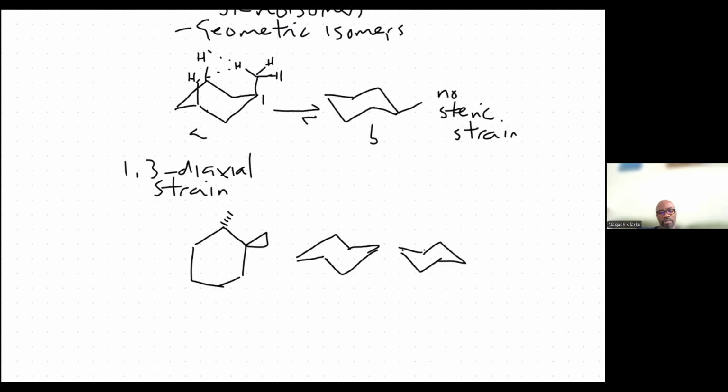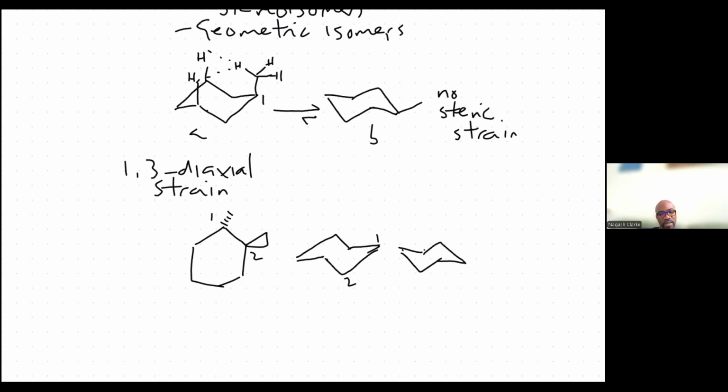So I'm going to label carbon one, carbon two. Either one could be carbon one because they're both methyls. So I'm going to write on here carbon one, carbon two.